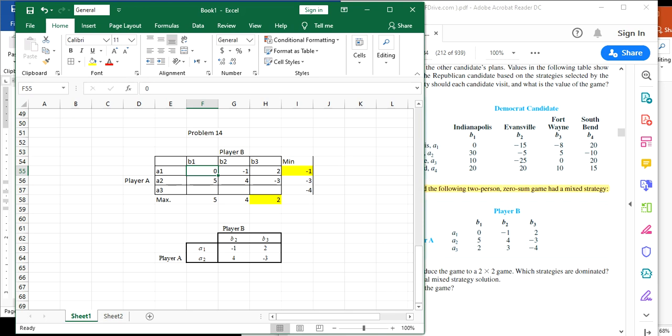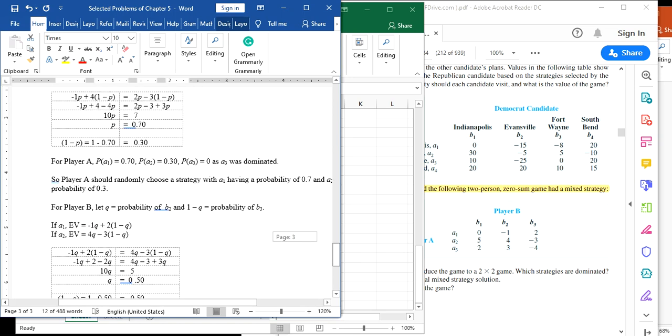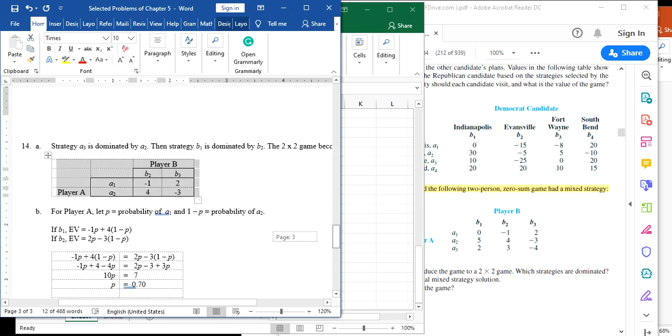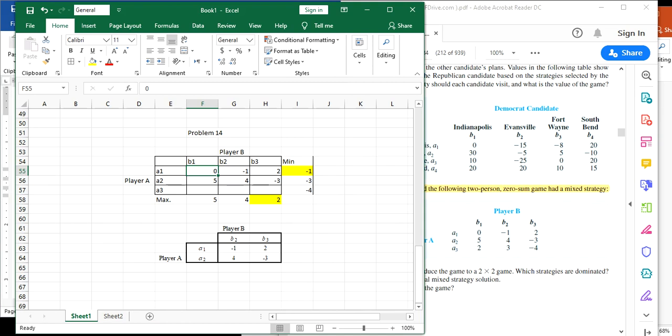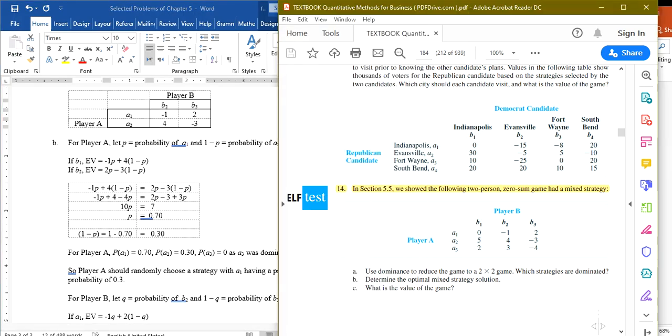Actually, B2 is dominated by B1. Sorry guys for this confusion.